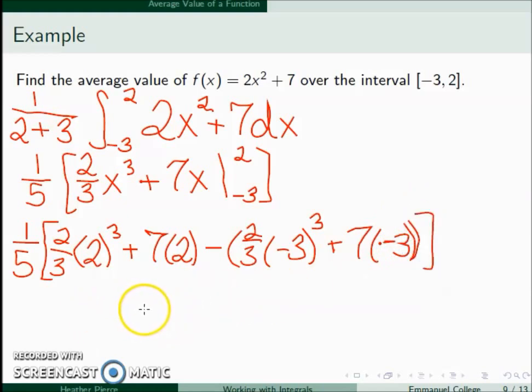When we work this out, we get 35 over 3. So the average value is 35 over 3.